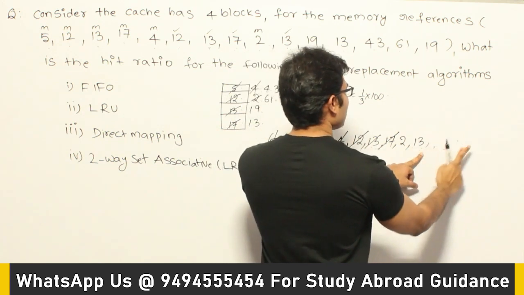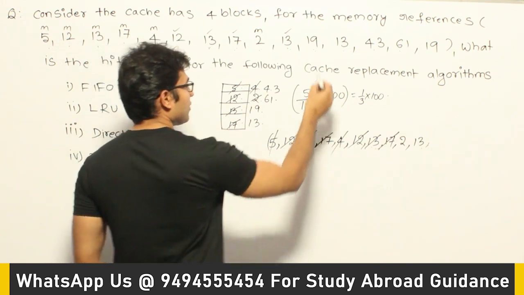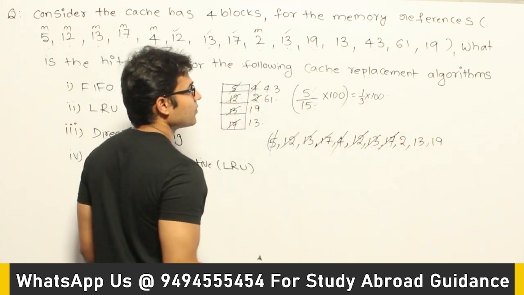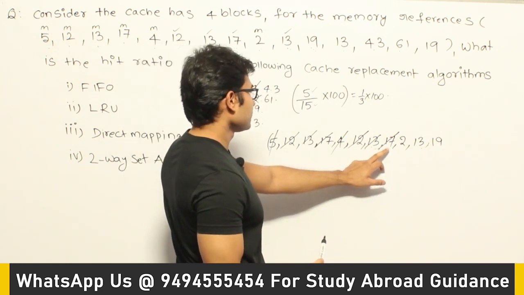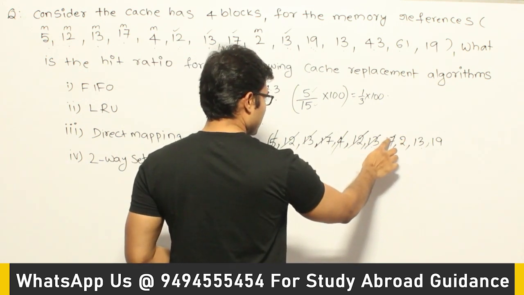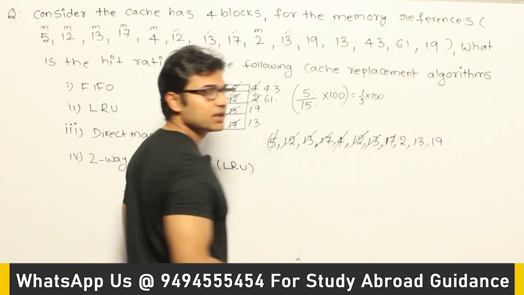So not 43 and this, the next one that is referred is 19, right? Therefore I have to get 19 here. Now which one is replaced? So in order to get 19, 17 has to remain, and 12 is replaced with 19.